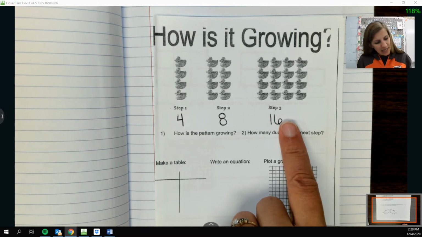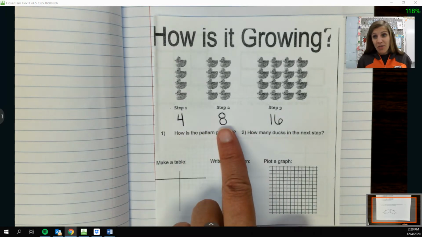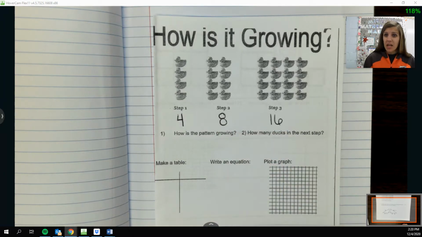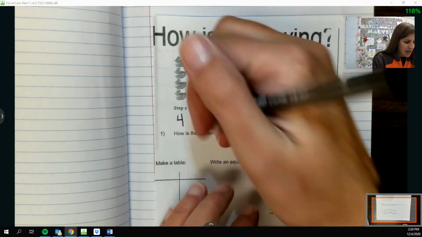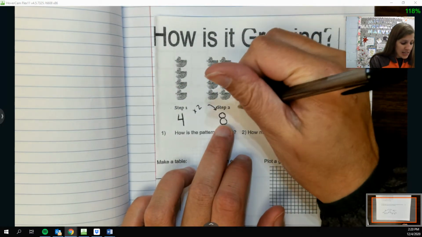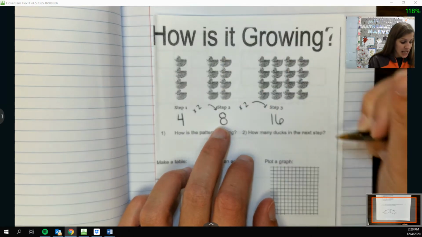But I can tell that there is kind of a pattern here, because it's like 4, then 8, then 16. And so rather than adding the same thing every time, I feel like I'm timesing by something every time. Like if I do 4 times 2, that's 8. And if I do 8 times 2, that's 16.